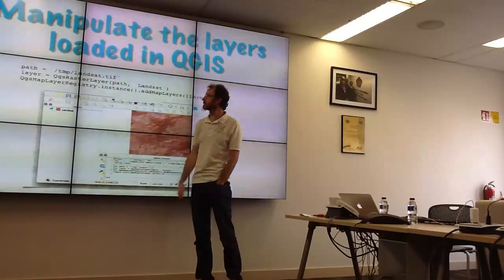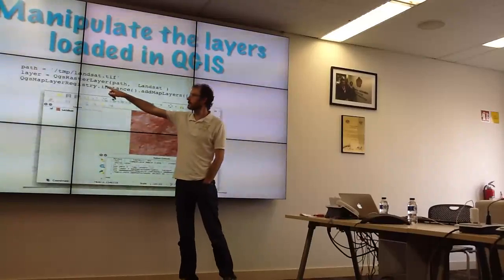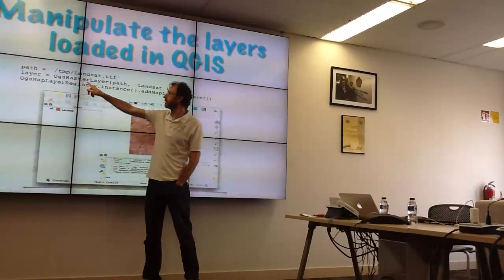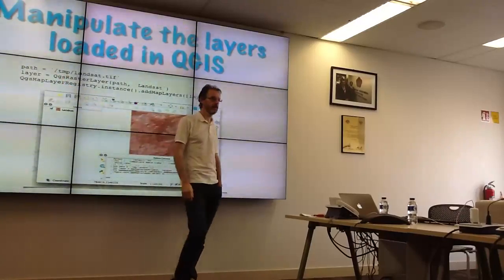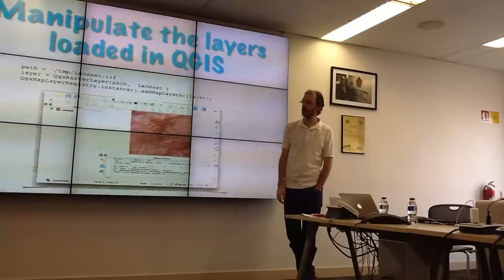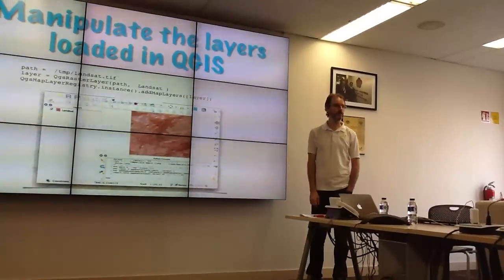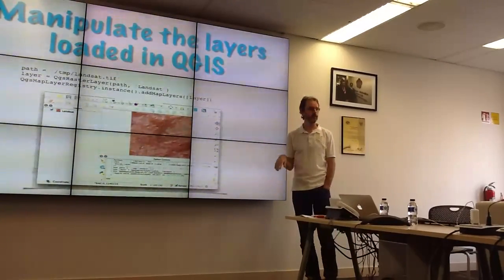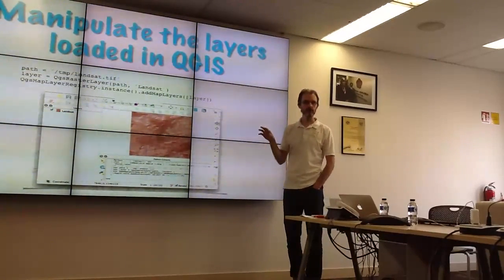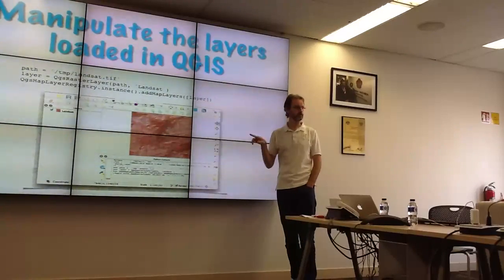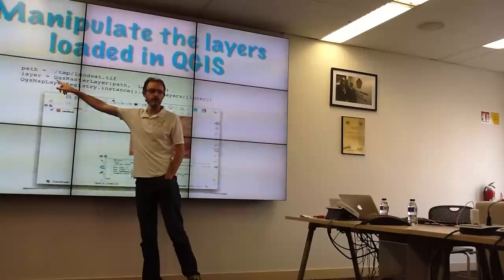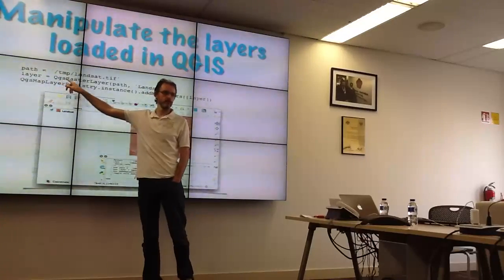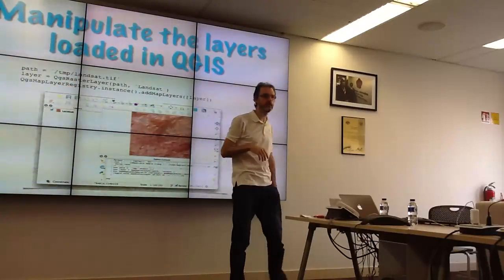So I'm telling it where this image is, and then I can create a new QGIS raster layer. We namespace all our API with this QGIS in front. Qt has a registry of namespaces, so you could go there. In the very early days of Qt, you could get a 2-letter prefix, it's almost like a domain name, and then they became more scarce, and since we were still quite early on, we could get a 3-letter prefix.